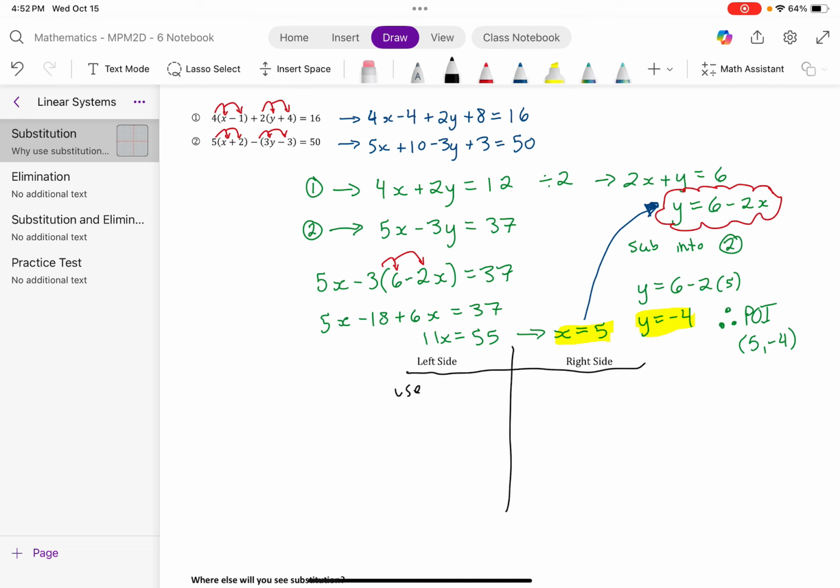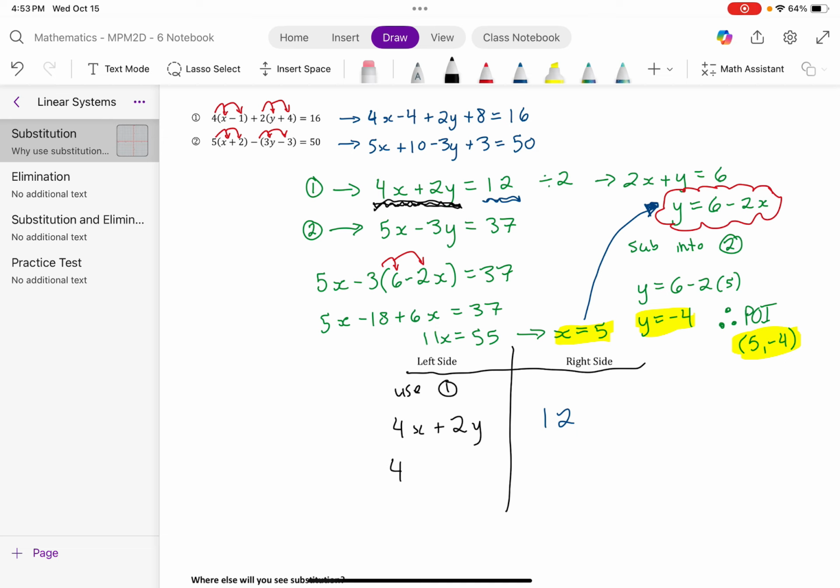We write the left side of equation 1, 4x plus 2y, and on the right side of that equation was 12. If we sub in our values for x and y from our point of intersection, we should get a case where left side equals right side. It lets us know we've done it correctly.